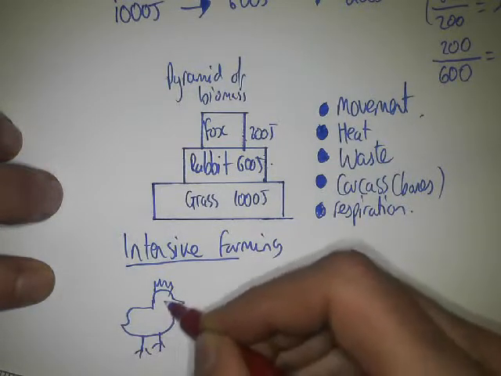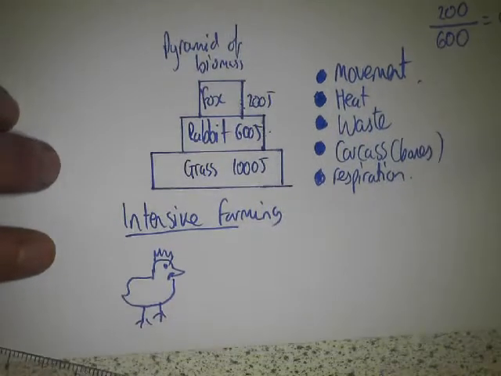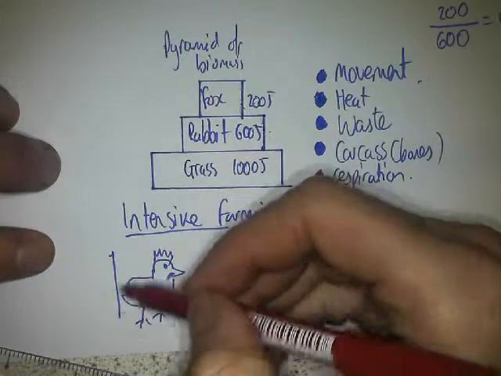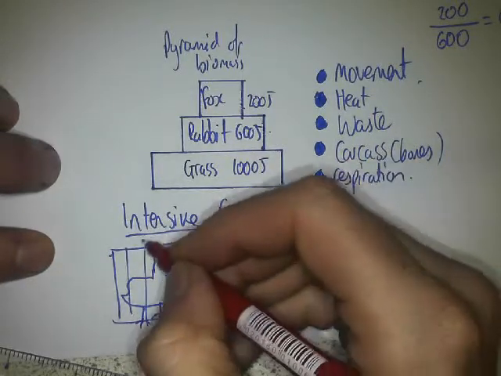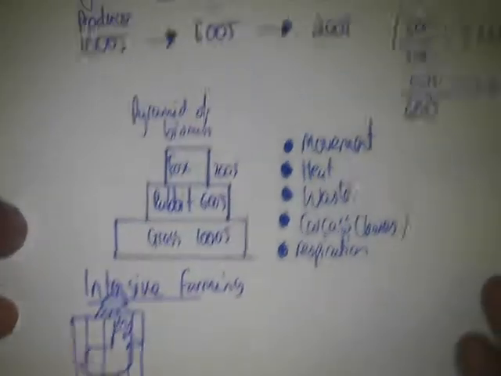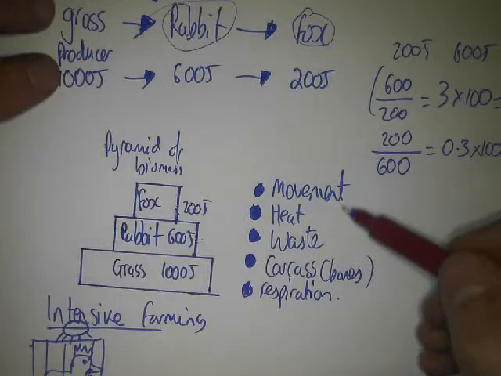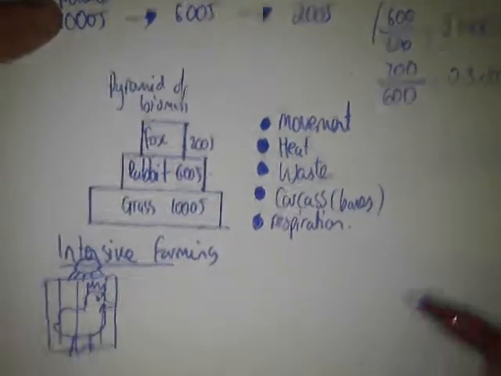Let's make him an unhappy chicken. Sad. Why do farmers keep chickens in very tight cages under lights? It's because if they can reduce how this energy is lost in the chicken, that means the chicken will get fatter quicker and more money in the farmer's pocket.